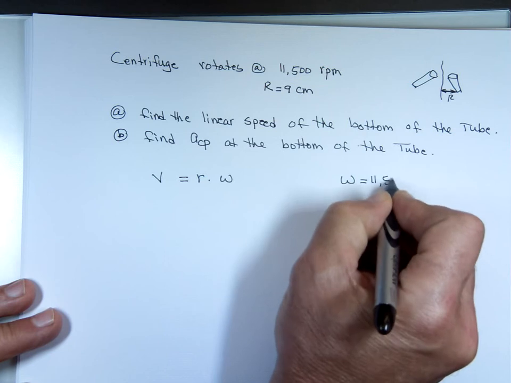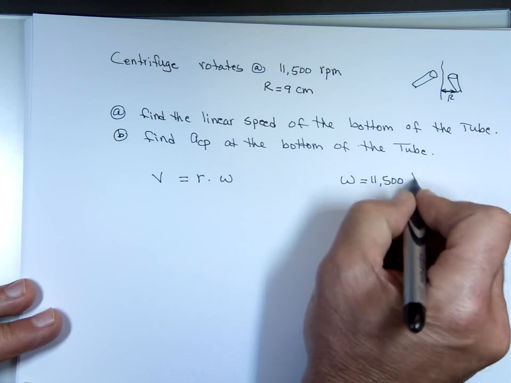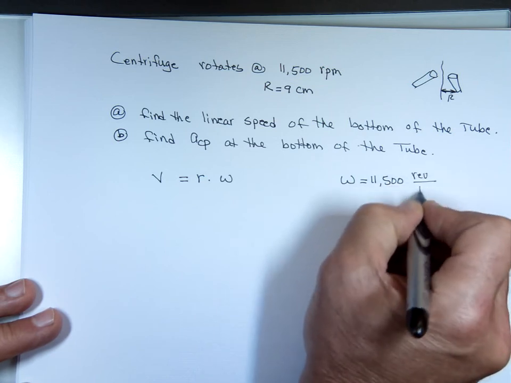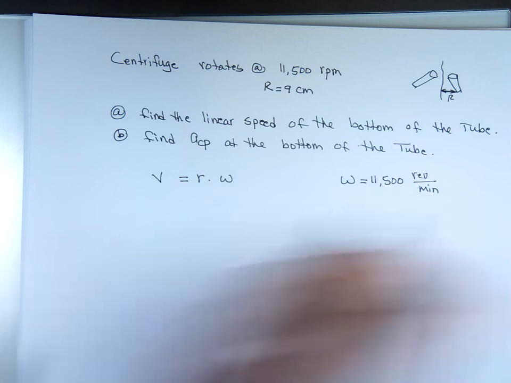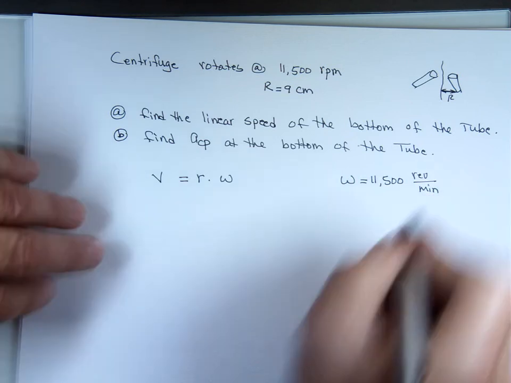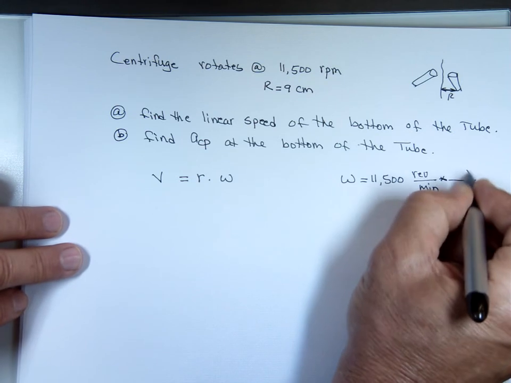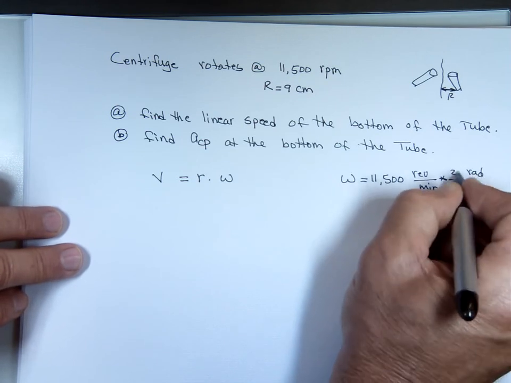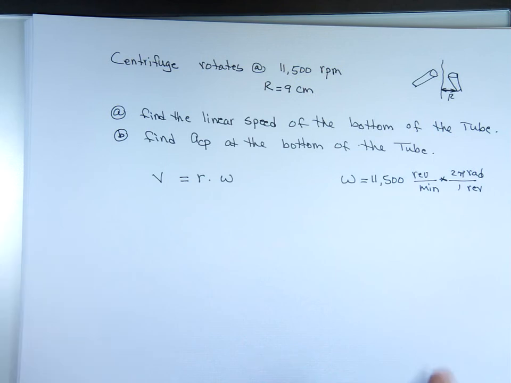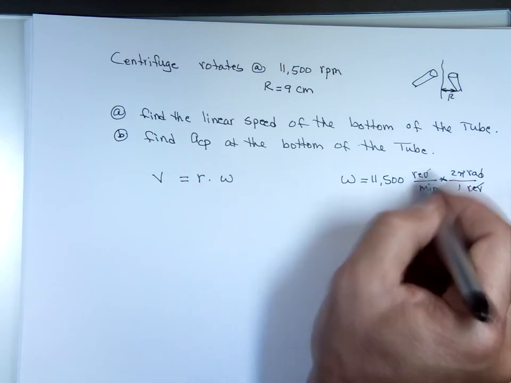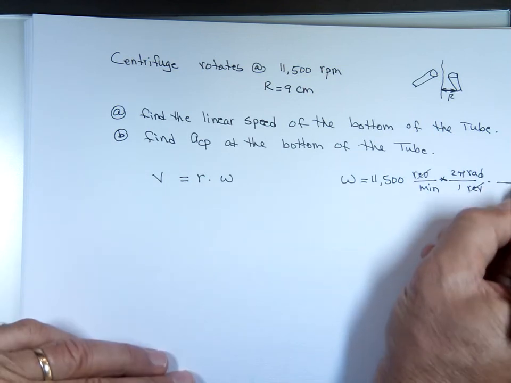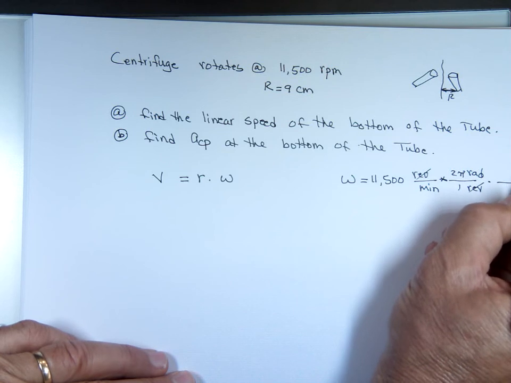Revolution per minute. So we're going to multiply this by what? Rev to radian, 2 pi, and minute to second, 1 minute is 60 seconds.